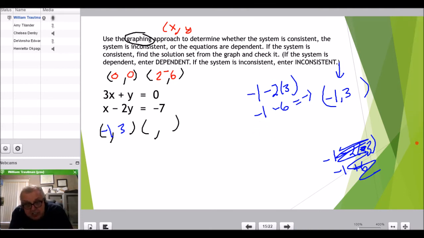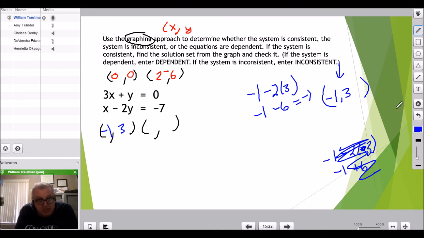Okay, so Henrietta said 2 and 4 first. Let's see if that works. Henrietta puts 2 into x and then 4 into y. 2 times 4 is -8. 2 minus 8 is -6. Oh, we're a little off. 3 and 5.